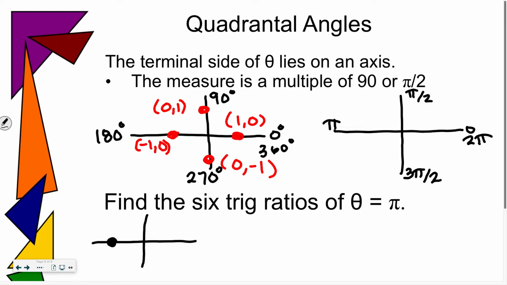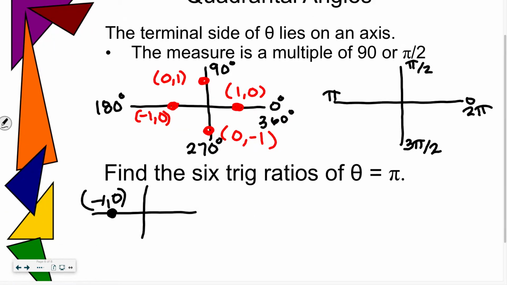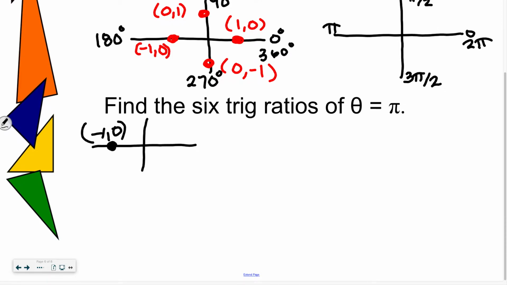So I'm just going to call that -1, 0, because that would get me over there to 180 or pi. That would open up that angle. And then I have x, I have y, and what would my r be? R is always positive. R would be 1. It's just saying you went 1.